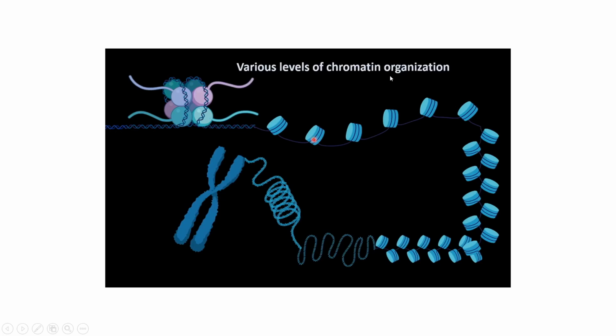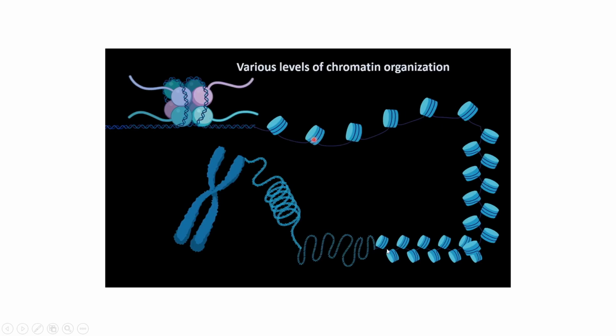As I told you, there are various levels of chromatin organization. This is the 10 nanometer bead-on-a-string structure, which is the most basic structure of the histones wrapped around the DNA. Here you can see the linker DNA, with the histone proteins bound to the DNA.